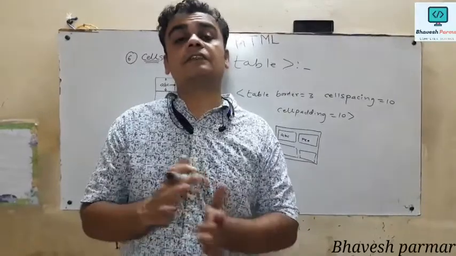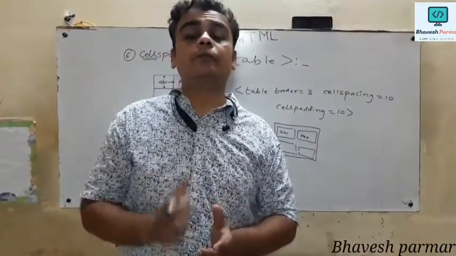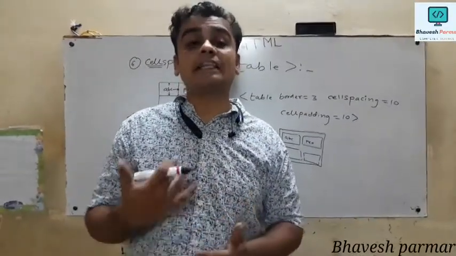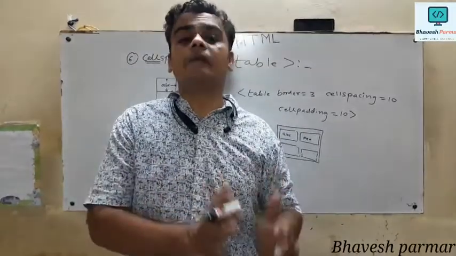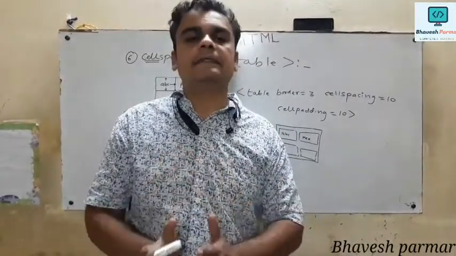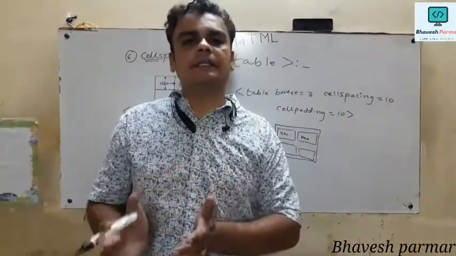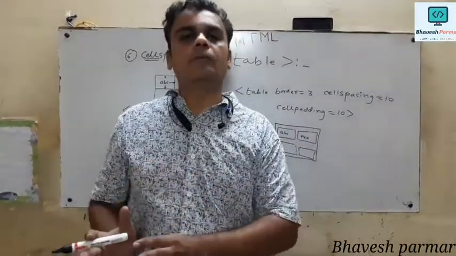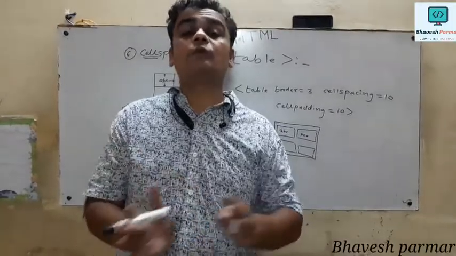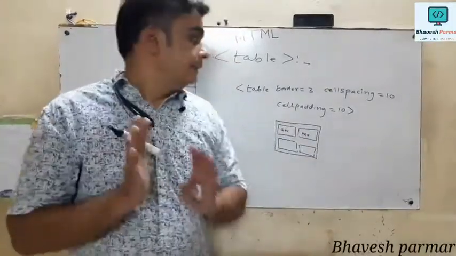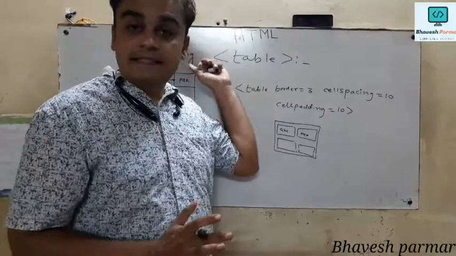Thereafter we have discussed the width attribute. The width attribute is used to change the size of the table in your web page, and generally it is given in percentage form, or if we are not using percentage, we can give a normal number also, so it calculates an absolute value. Thereafter the important one is the cell spacing attribute.